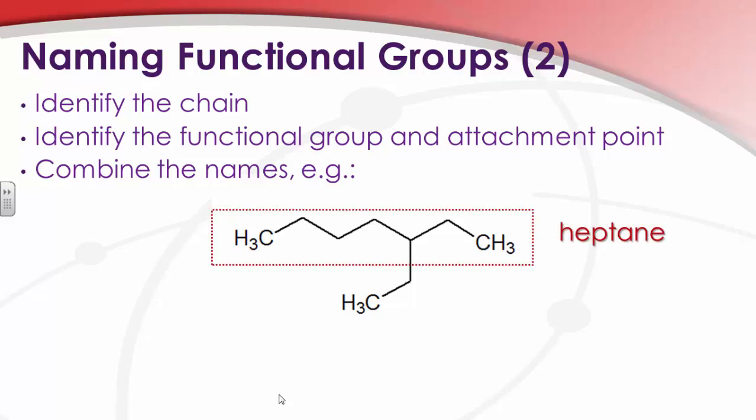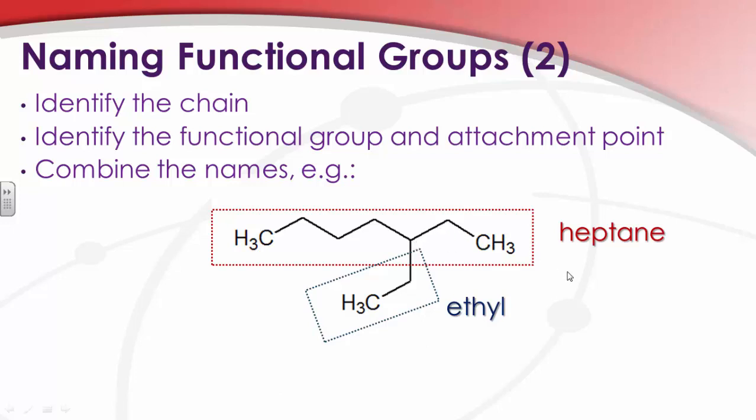Yep. And then we have our functional group, ethyl. And then the only thing we have left to do is to count which carbon number it's attached to. Now, don't catch yourself counting just from left to right. You need to realize that you can just as easily count from right to left.